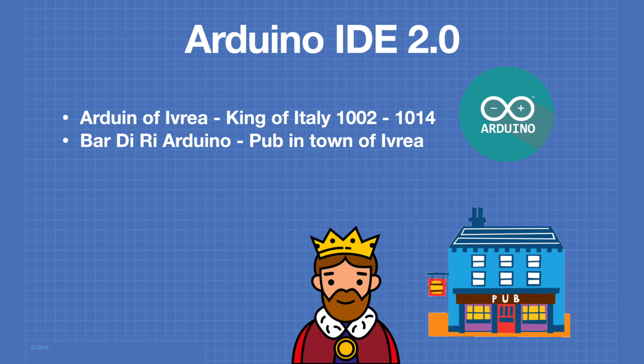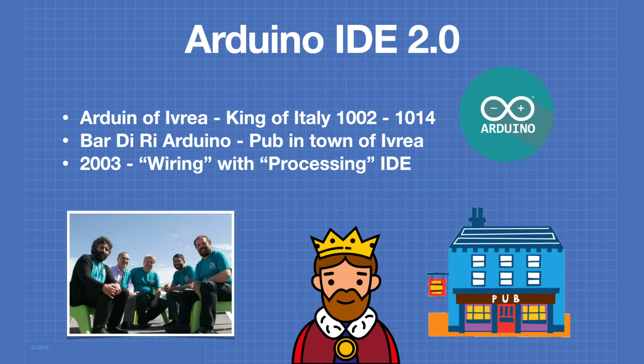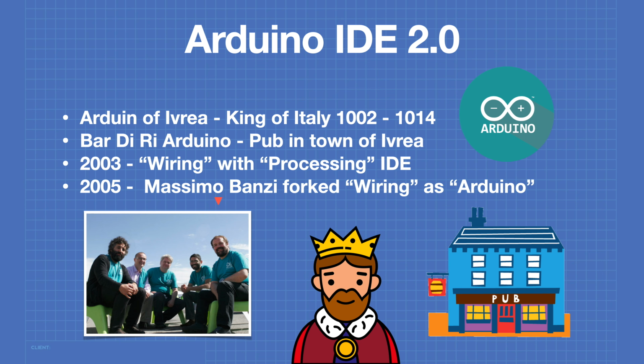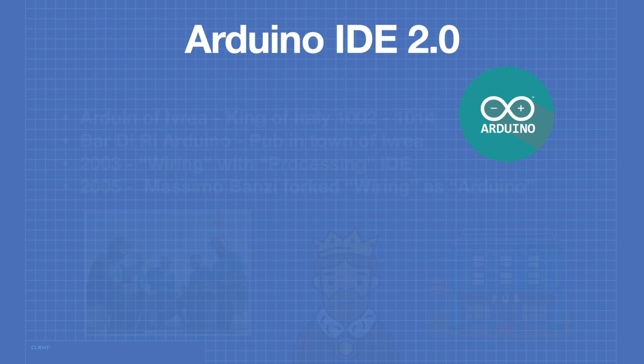It was there that they created a thesis called Arduino, the Revolution of Open Hardware, which they named after their favorite pub. The original product was called Wiring, and the IDE was called Processing. In 2005, Massimo Banzi, who was one of the 5, forked Wiring out as a project called Arduino, and the rest, as they say, is history.